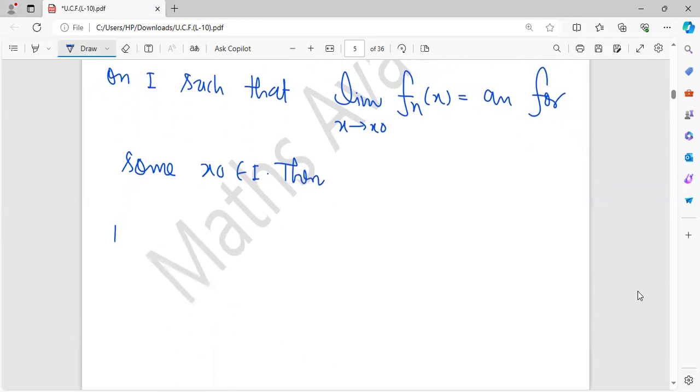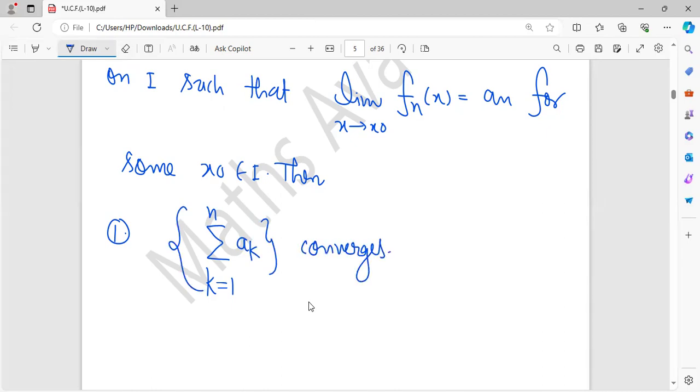Number 1, the summation sequence, summation k goes from 1 to n of ak, converges.